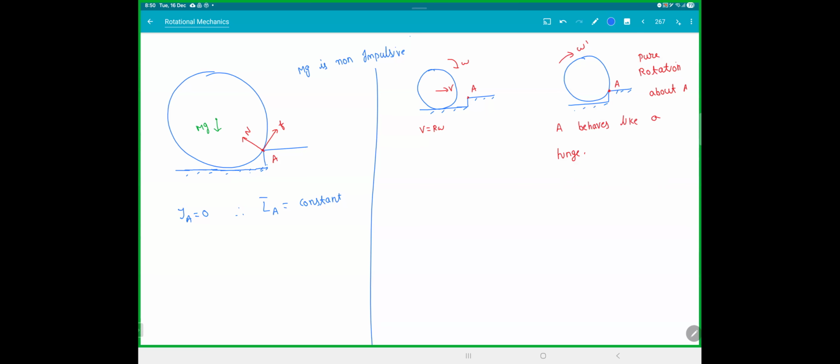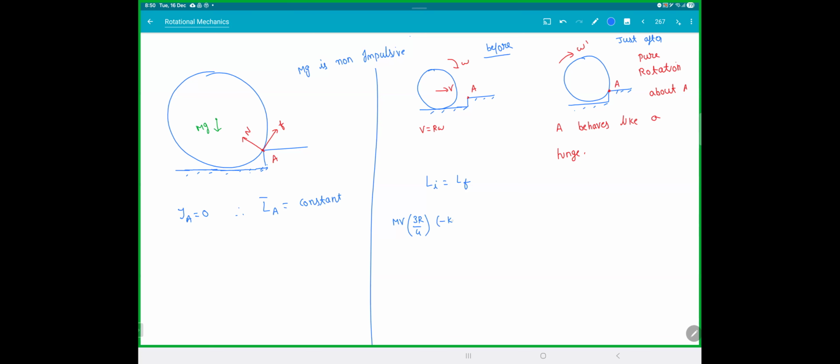Then initial angular momentum is equal to final angular momentum. This is before collision. This is just after collision. Just after, not too much time. So again, you're calculating angular momentum about A. Initial is equal to final. What is angular momentum? Angular momentum of center of mass plus angular momentum about center of mass. So mv, the perpendicular distance is 3R by 4. The direction, it's rotating anti-clockwise, so minus k cap.